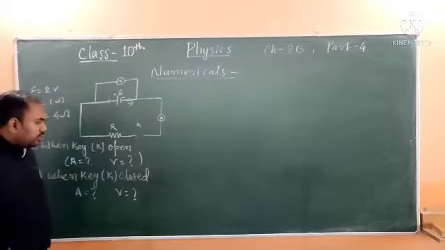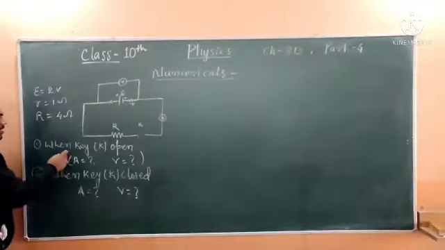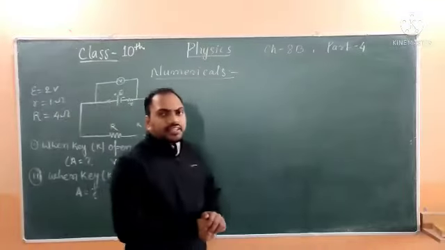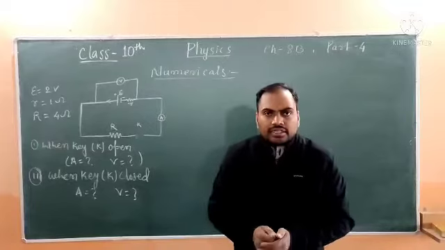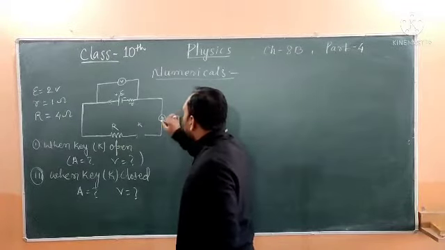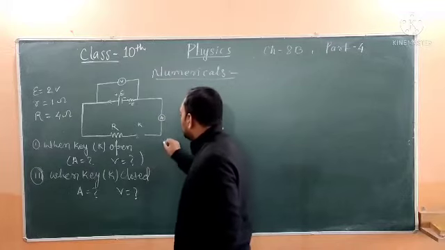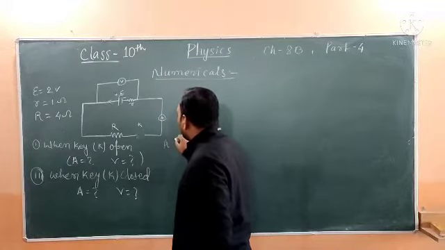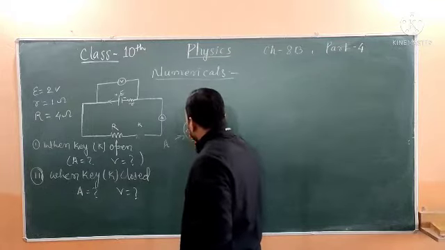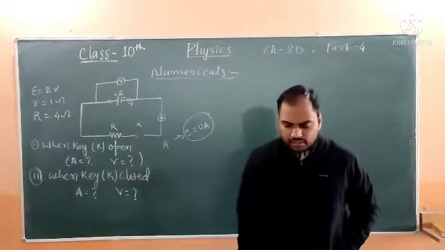So what will be the reading of the ammeter? 0. Since there is no current flowing in the ammeter, the reading of the ammeter will be 0. So the ammeter reads current that is 0 ampere. I hope you get it.